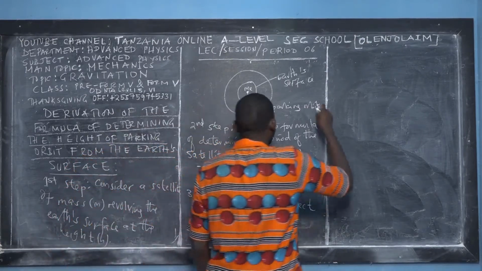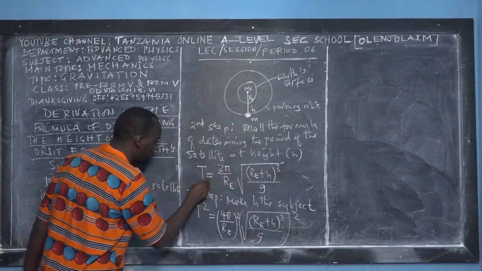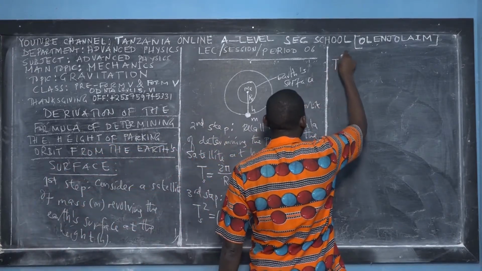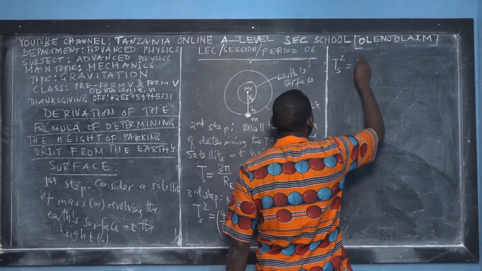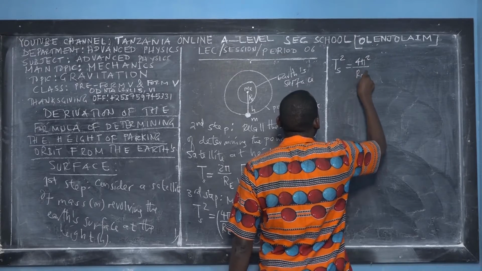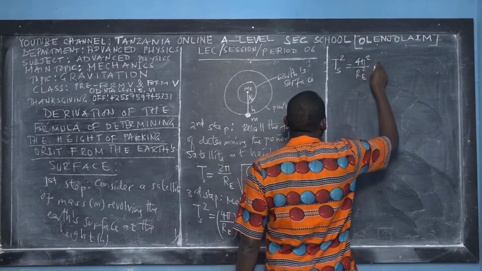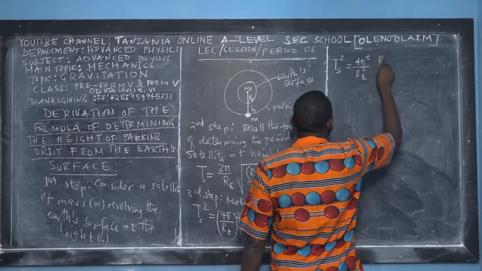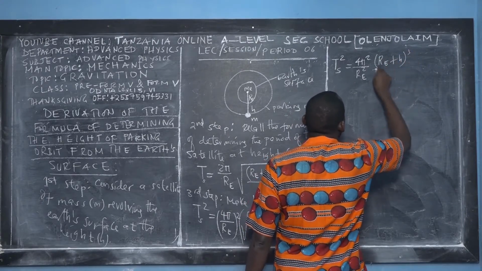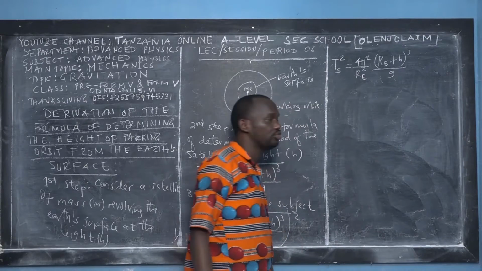Remember that I use the subscript S to say this is the period of the satellite. So the square of the period of the satellite will be equal to 4 pi squared, radius of the Earth squared, and then the radius of the Earth plus the height H cubed over acceleration due to gravity G.